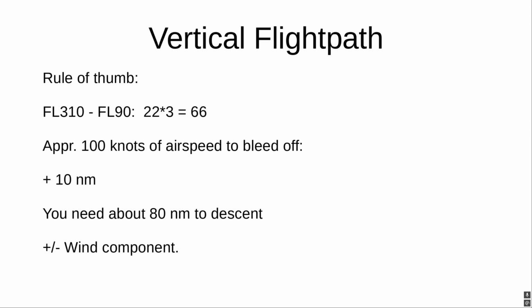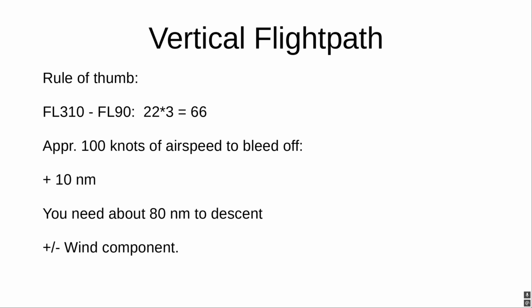And additionally, there are some more track miles for bleeding off your airspeed. So I account for 100 knots, which makes 10 nautical miles. Actually, we will bleed off a bit more than 100 knots, but then we will put out the gear and the flaps, and this helps a lot.